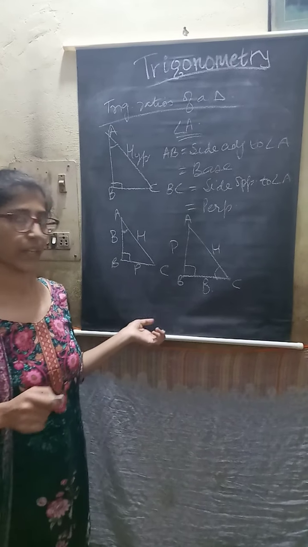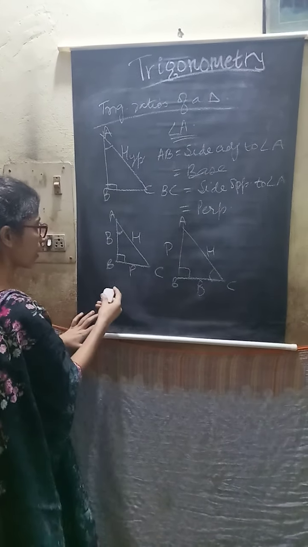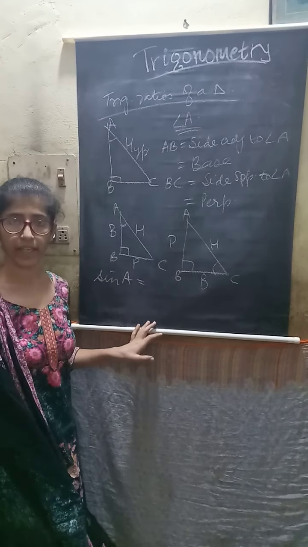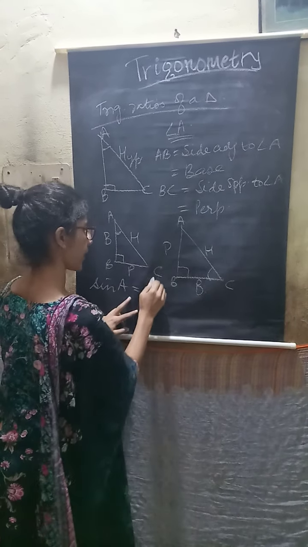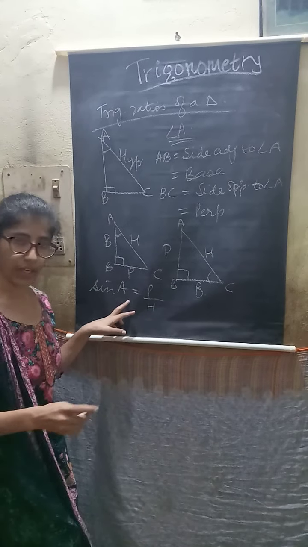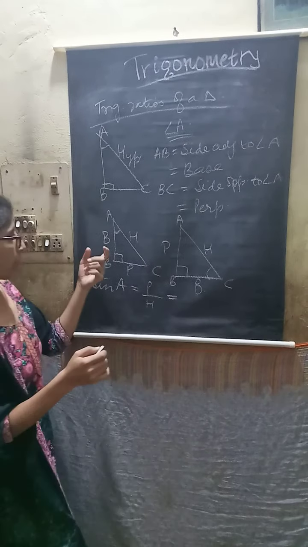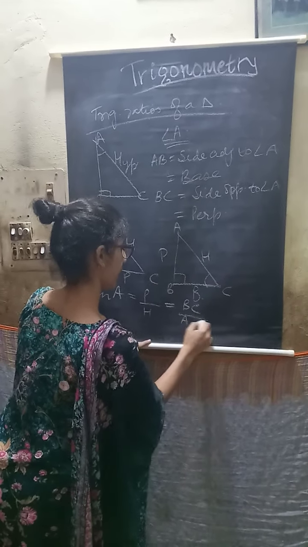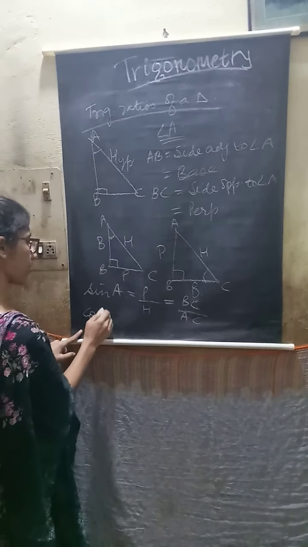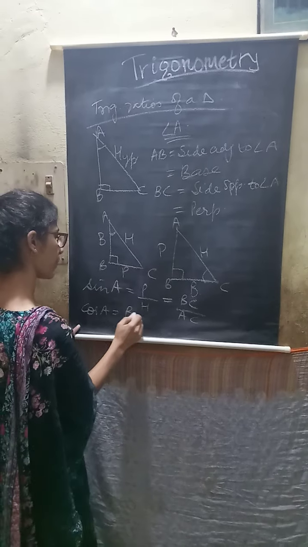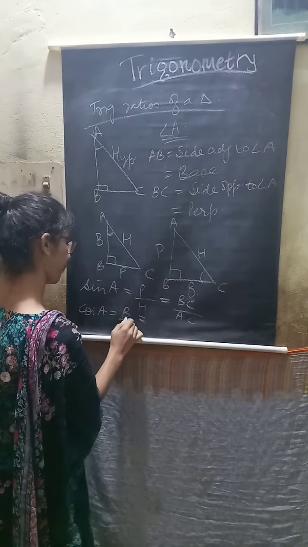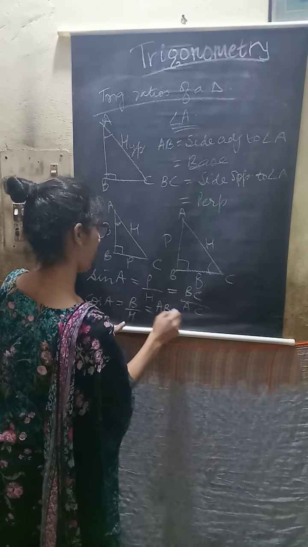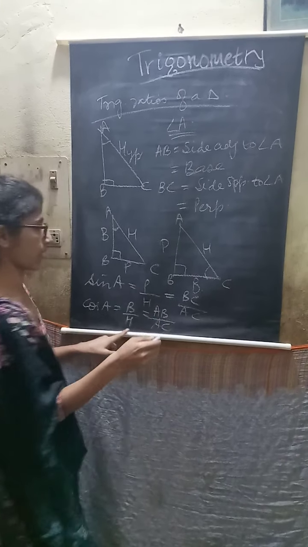Okay, so now we define the trigonometric ratios. First ratio is sine of angle A. Sine A is defined as P upon H, which will be BC upon hypotenuse AC. Then next is cos A, which is B upon H, and this is AB upon AC.